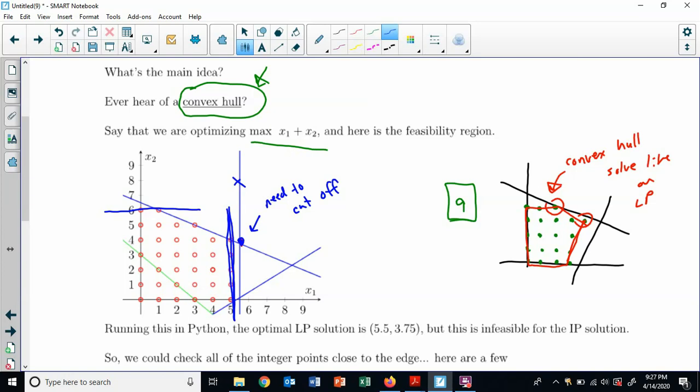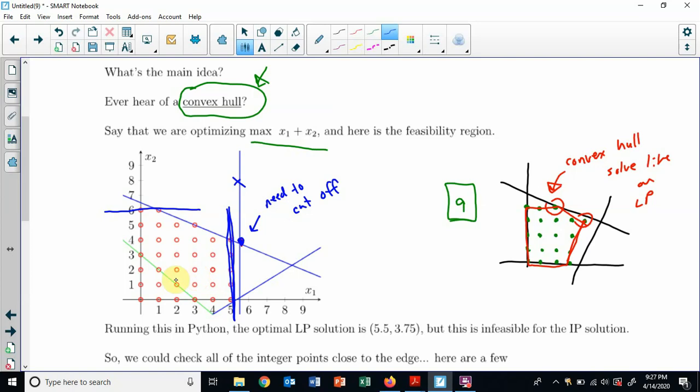You may have to add a whole lot of cuts before you get close to a convex hull. You may add one cut and find the optimal. This one looks like it takes 2, and I've created the convex hull right there.